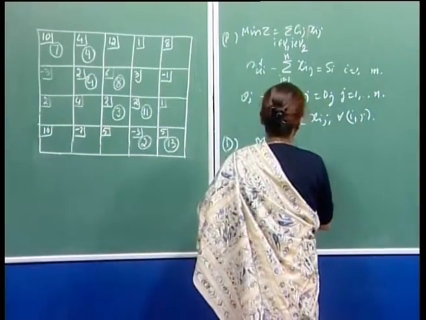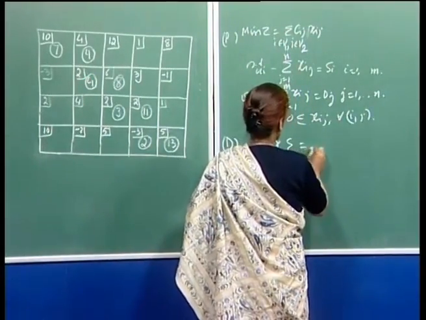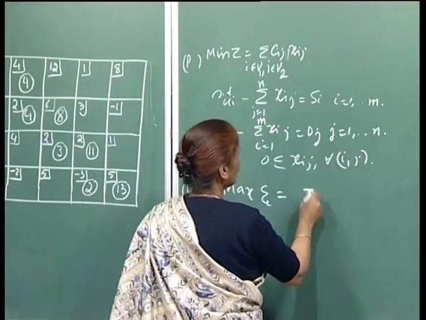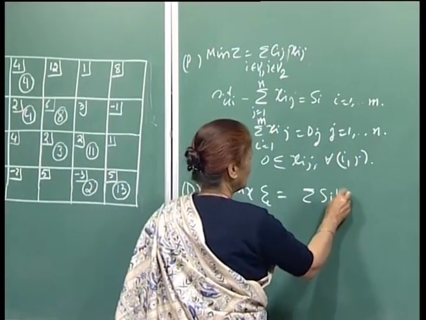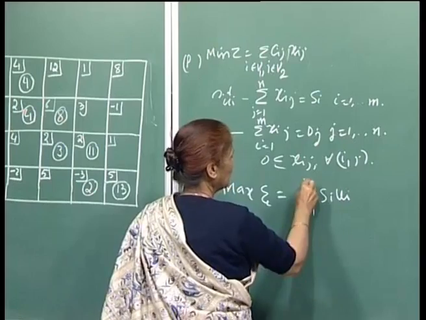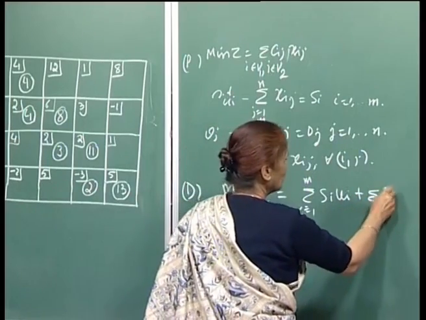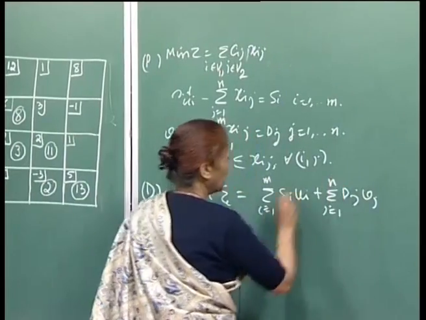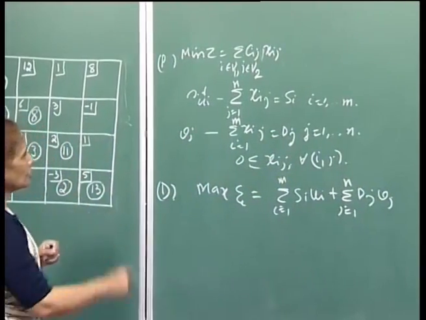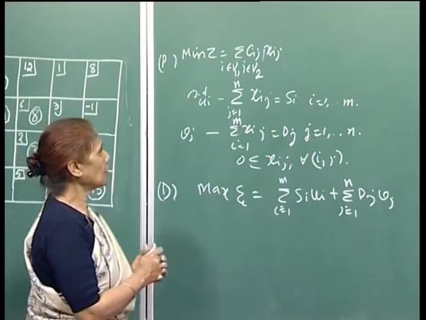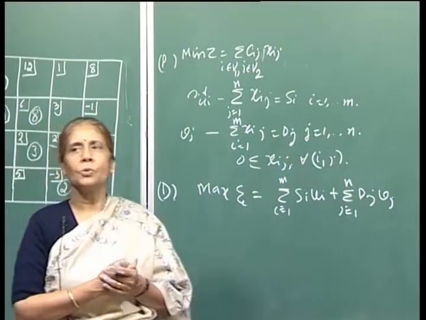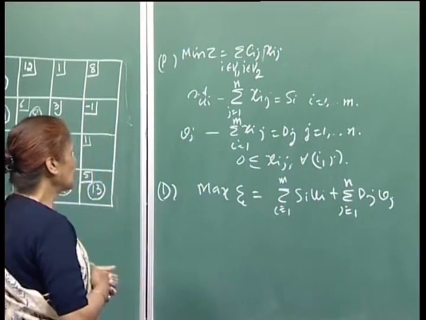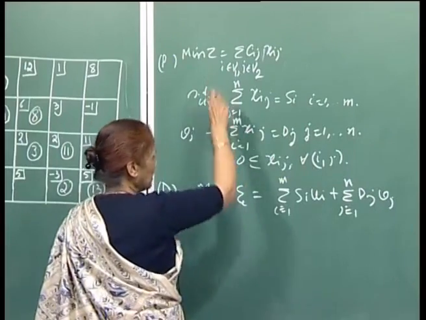So, maximize psi equal to summation Si ui, i varying from 1 to m, plus summation dj vj, j varying from 1 to n, right. And since your primal constraints are all equality constraints, there will be no restriction on the sign of the dual variables.